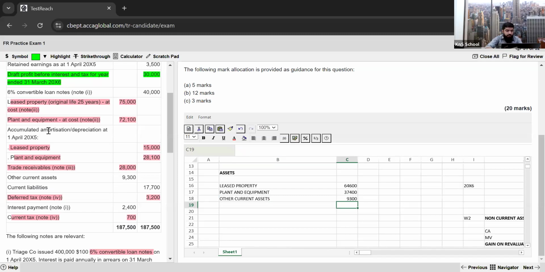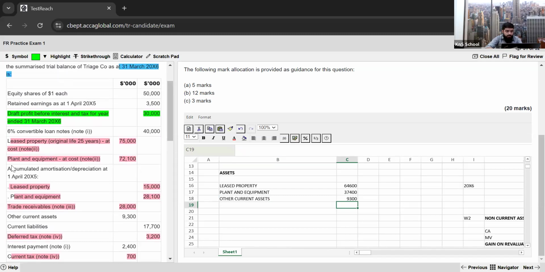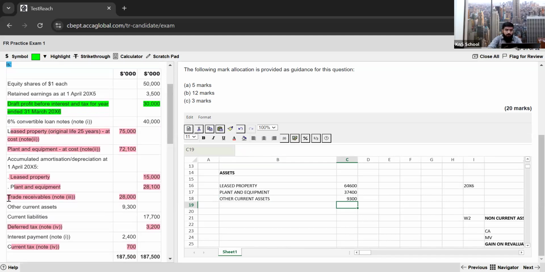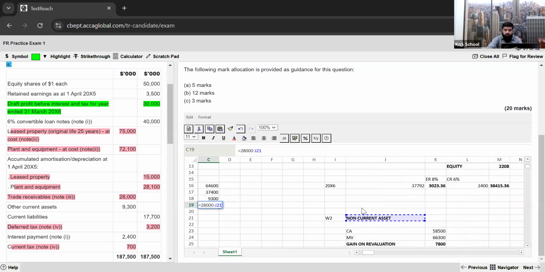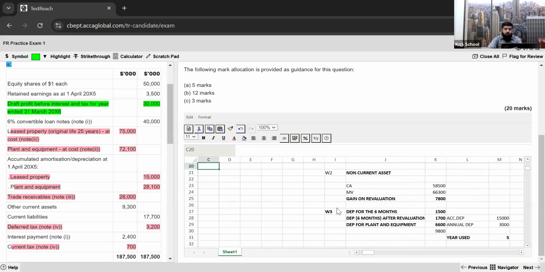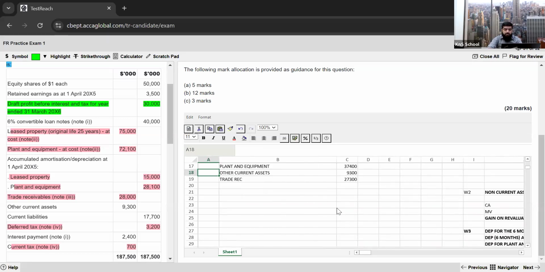Then we have another asset, which is accounts receivable, or we can call it trade receivables. The trade receivables were 28,000, out of which 700 is now deducted. Why?